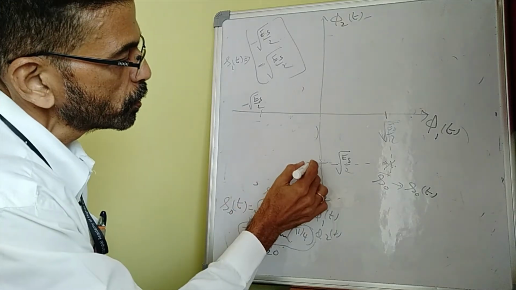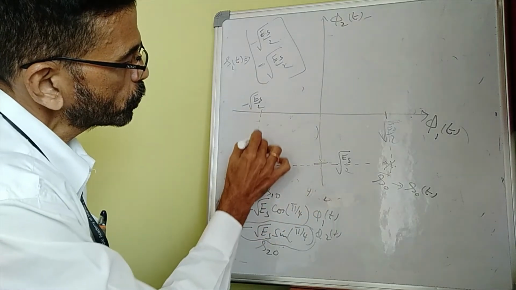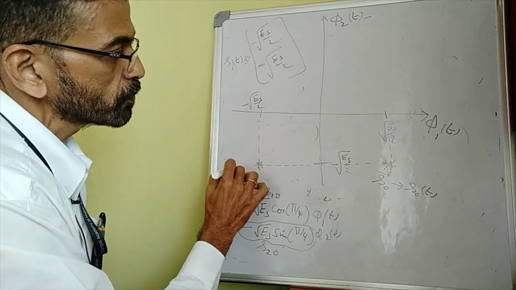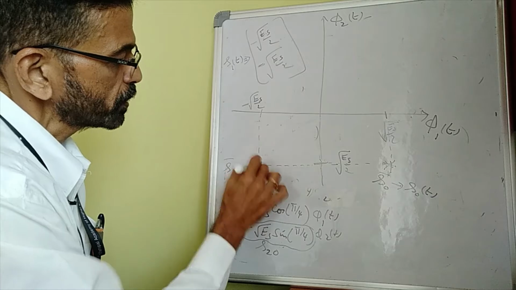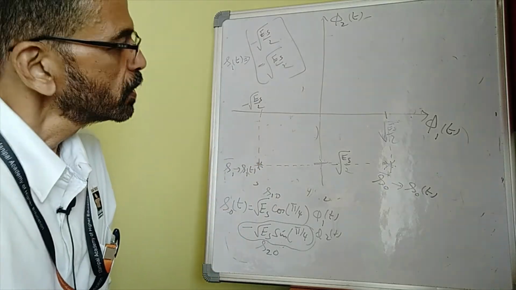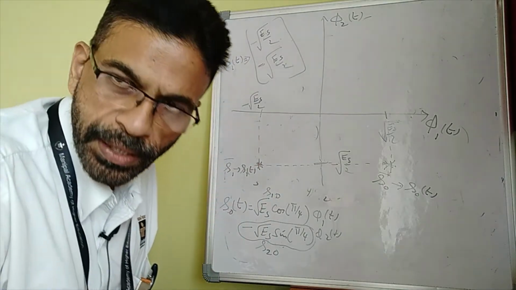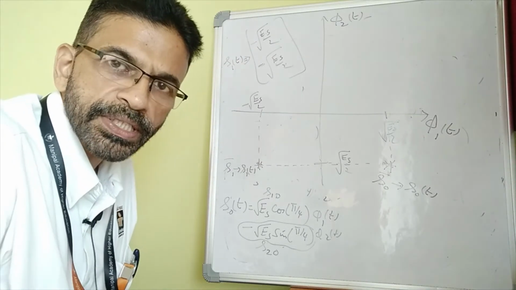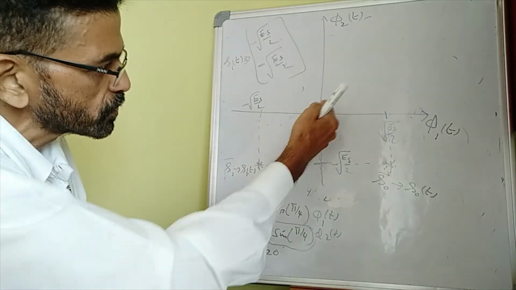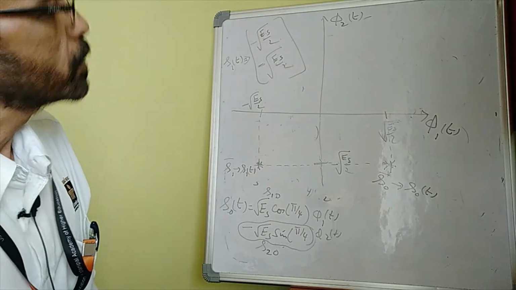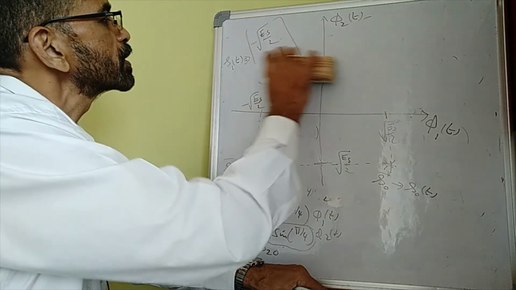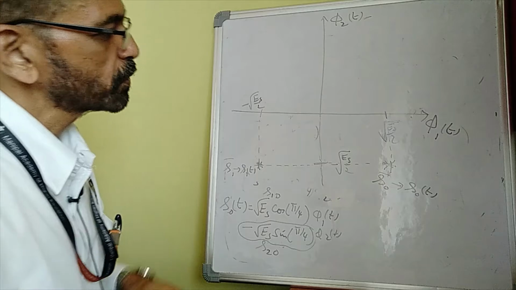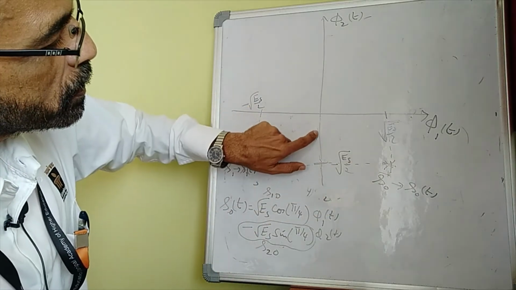So this will be the point corresponding to the signal S1(t), or the vector, when you represent the signal S1(t) as a vector. And continuing like this, you can see from the trend itself, or you can even calculate.